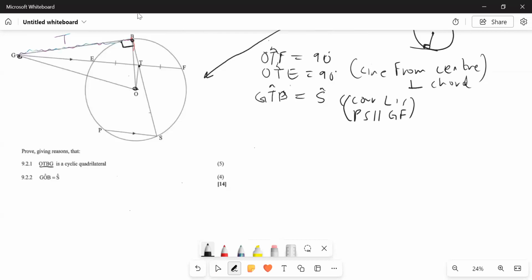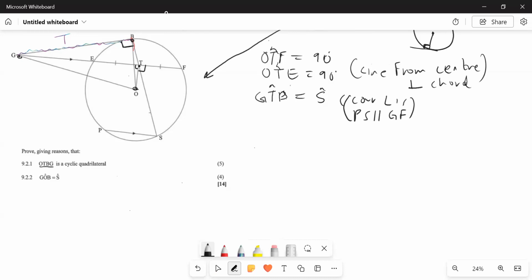So how do we prove that? Remember we concluded, we said OTF is equal to 90, and we said OTG is equal to 90, or OTE is equal to 90, right? So how do we go about proving this now?